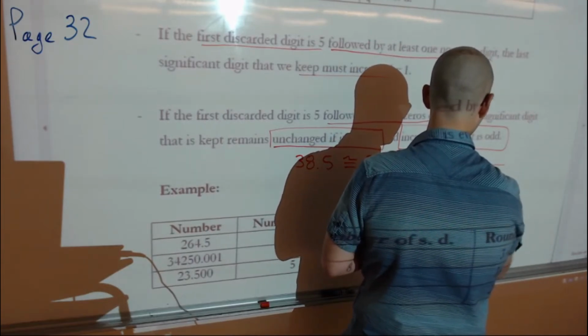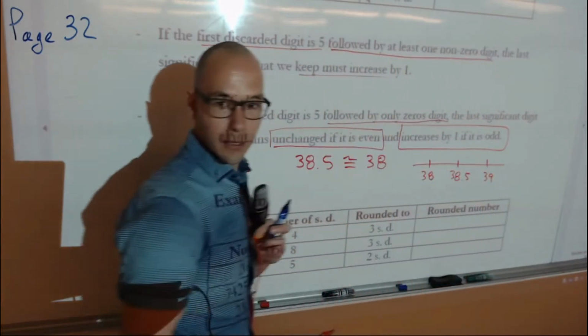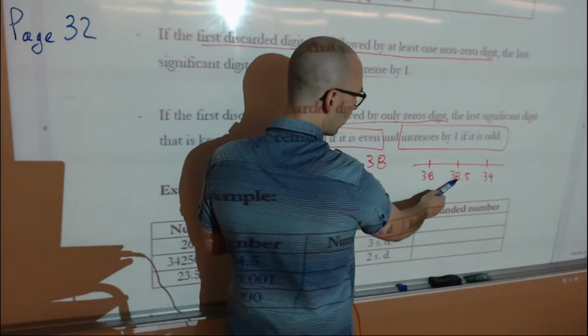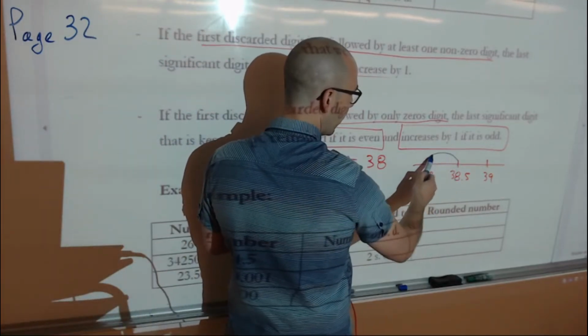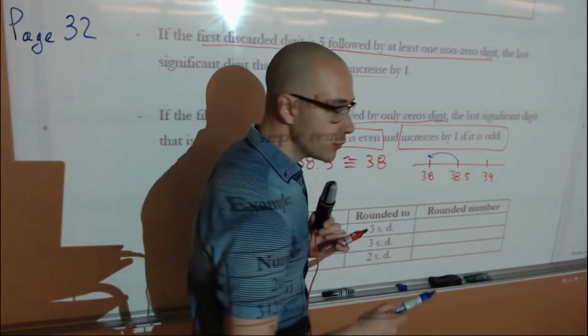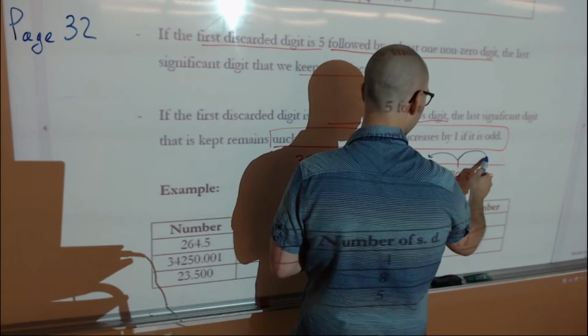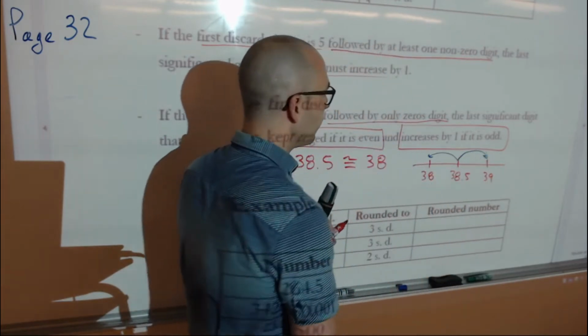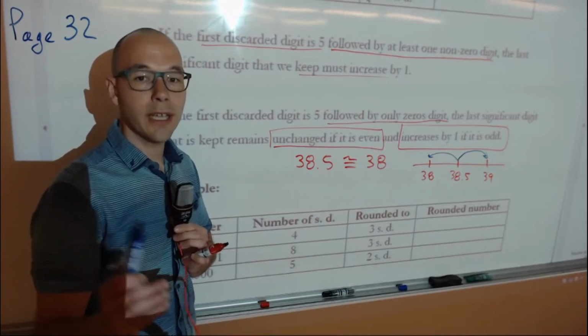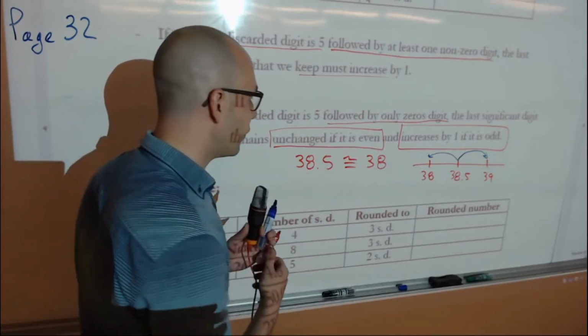It's as if we can choose between the two of them. If we choose 38, we'll have an error of 0.5, and if we choose 39, it's also an error of 0.5. But we prefer even numbers, so we choose 38 instead of 39.